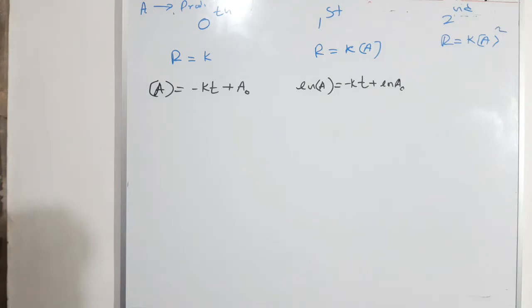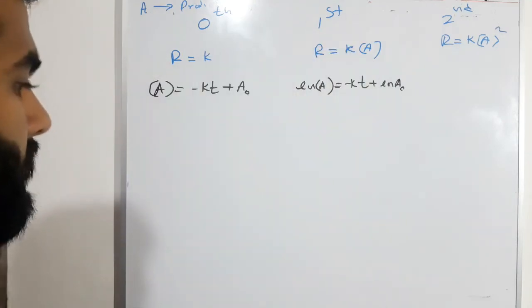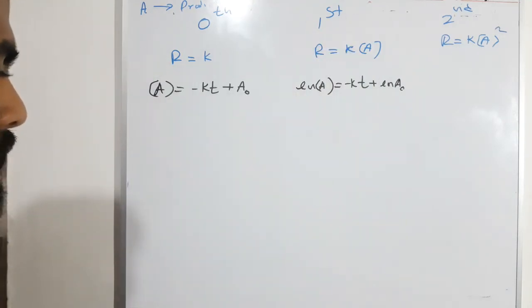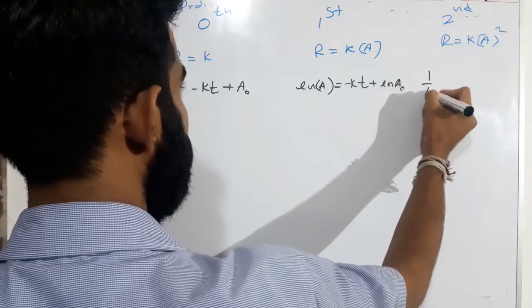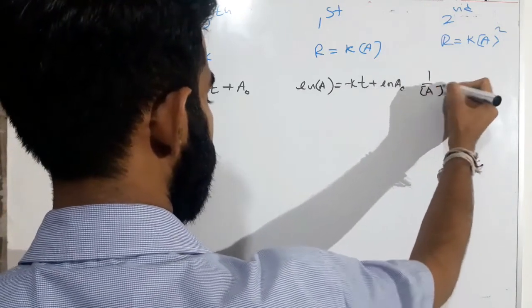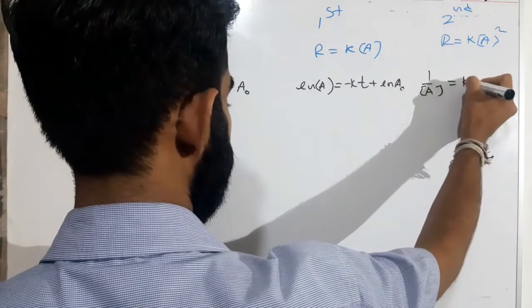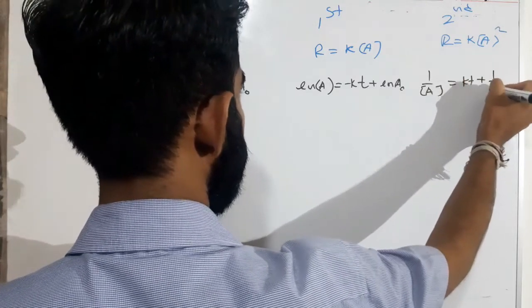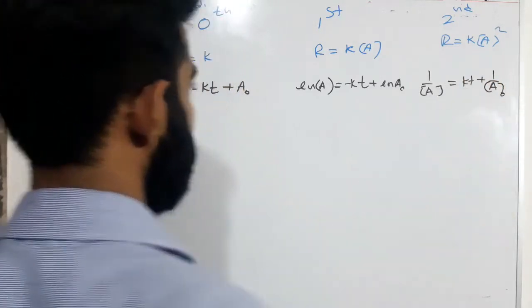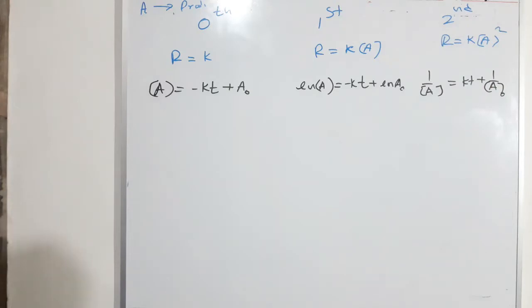Okay, what was the rate equation for second order reactions? That was very easy. 1 over A is equal to KT plus 1 over A naught. It was very easy.